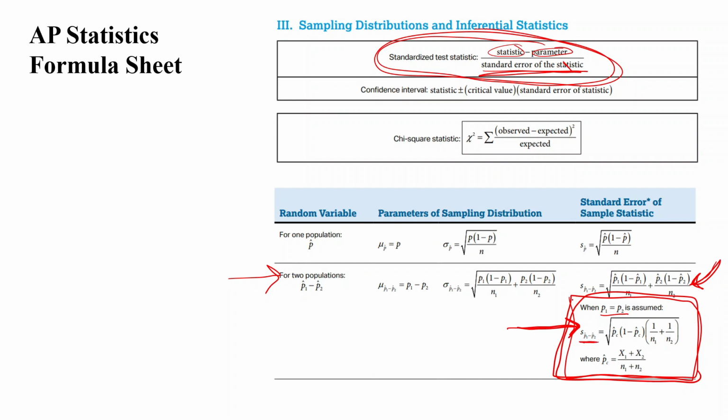So you can see they're using that as your standard error. Okay, and you'll see that p, sometimes it's called p hat sub c, that's fine, whether or not you use the hat, but you can see how it's factored out there. And then p hat sub c being those two x values added together, divided by the added together sample sizes. Oof, I said that a little weird, but please forgive me.